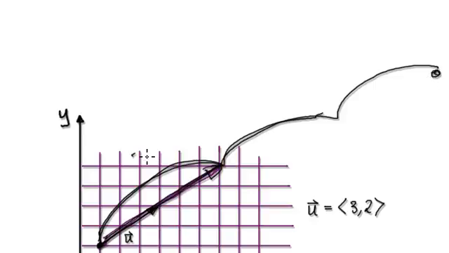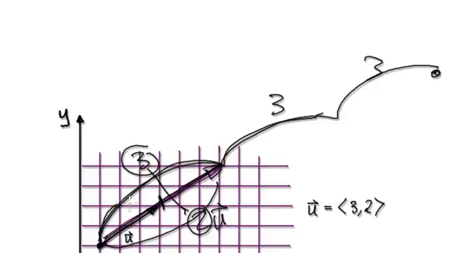So this is 3 times, and then this one here, from here to here, is 2 vector u. So I hope you can see that it's going to be 6. This times this, it will be 6 lots of the u. 1, 2, 3, 4, 5, 6.